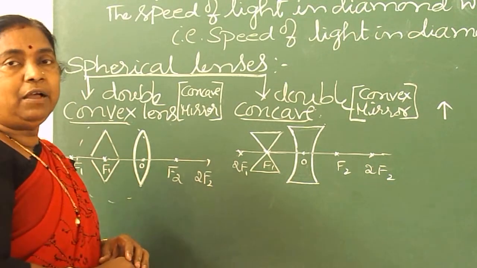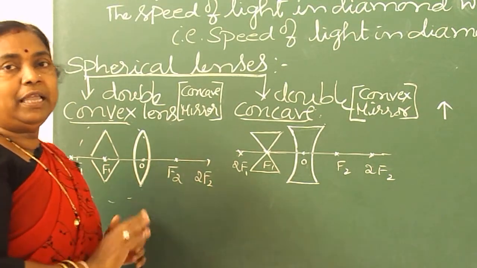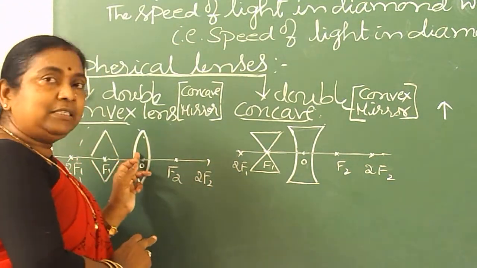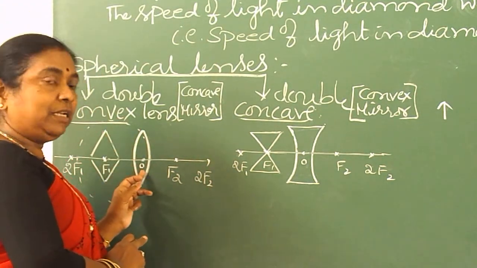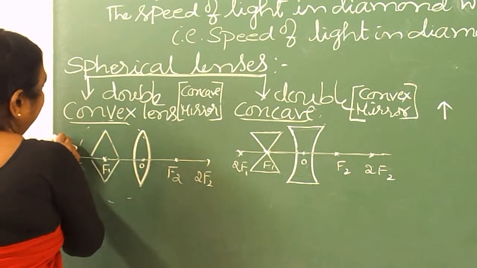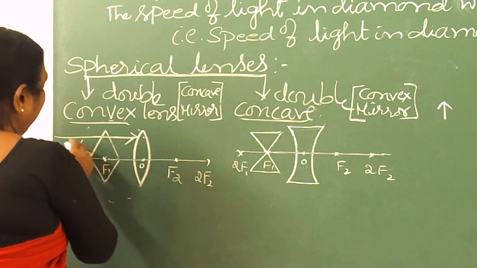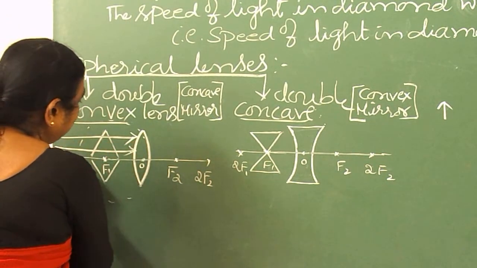The speciality of a lens is that a mirror can reflect only on one side, whereas lenses, especially the convex lens, work differently. When the light ray enters parallel to the principal axis, what happens?